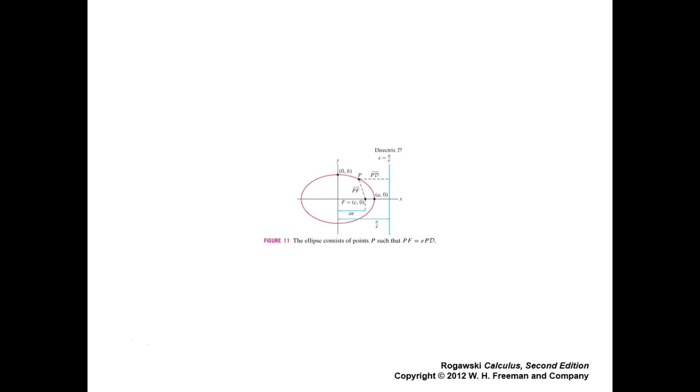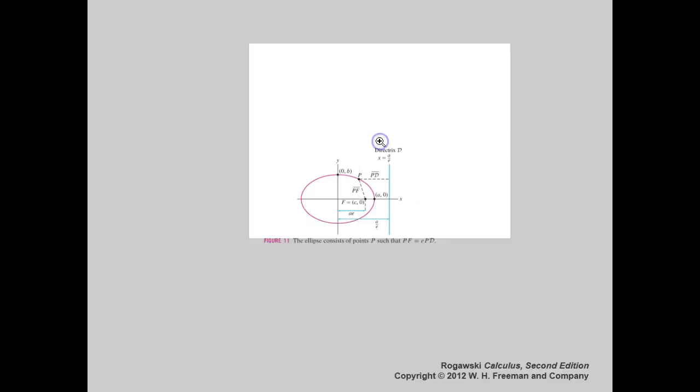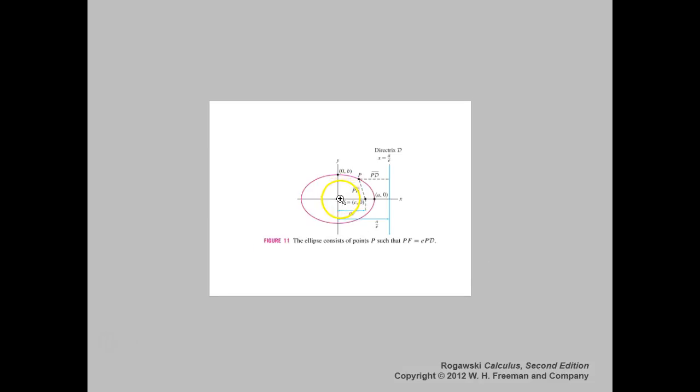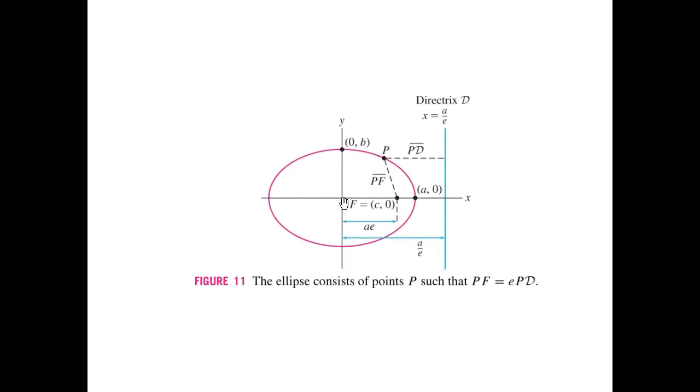All right. Here's another way of looking at it, probably doing more here than we need, because I don't know if we'll ever use eccentricity in this course. You might use it somewhere, but not here. The ellipse consists of points P such that PF is equal to e times PD, and that's the directrix.